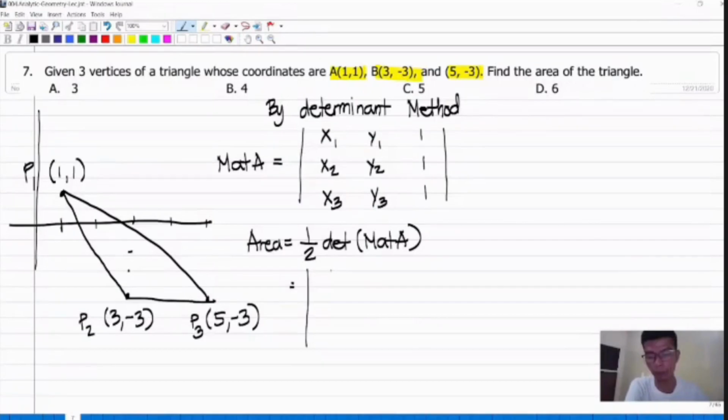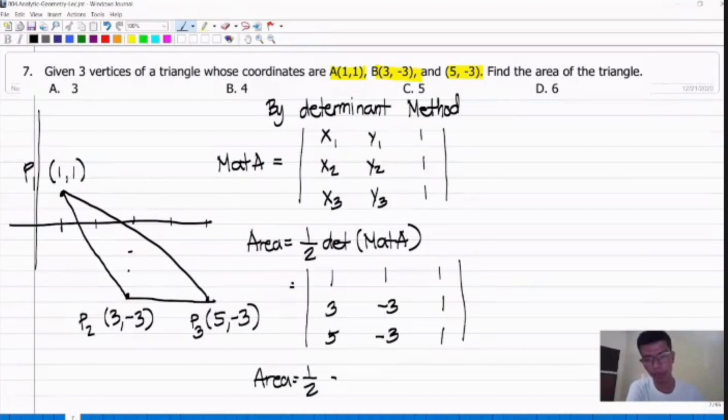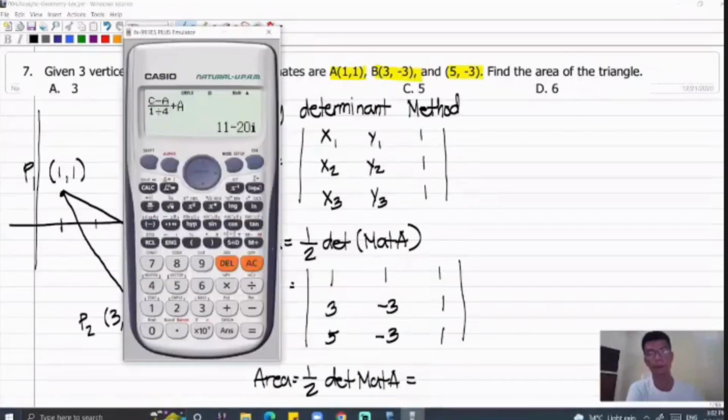Our x1 is 1, y1 is 1, then copy the 1. X sub 2 is 3, y sub 2 is -3, and copy the 1. X sub 3 is 5, and y sub 3 is also -3, and copy the 1. So the area is 1/2 of the determinant of matrix A. How do we save matrix A?